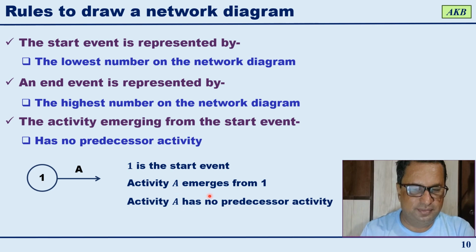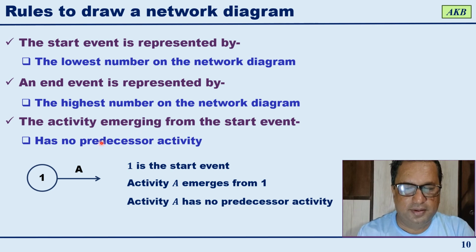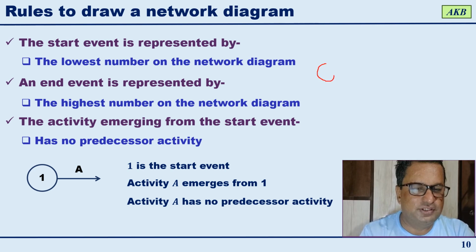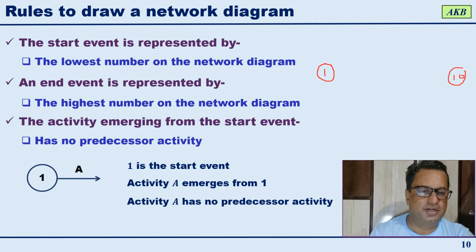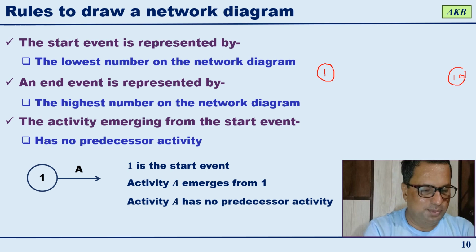These are the first two rules that I have talked about. If this is the start event, it will be represented by the lowest number, and if this is the end event, it will be represented by the highest number on the network diagram. In between these two events, we'll be having different activities. So you have to remember this.